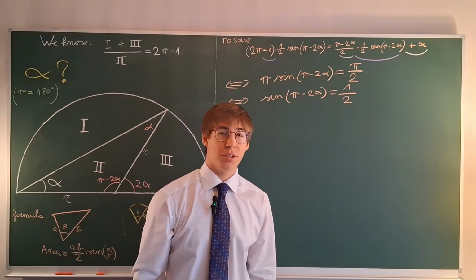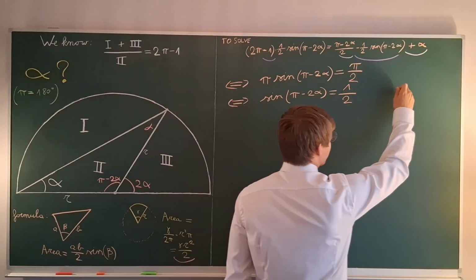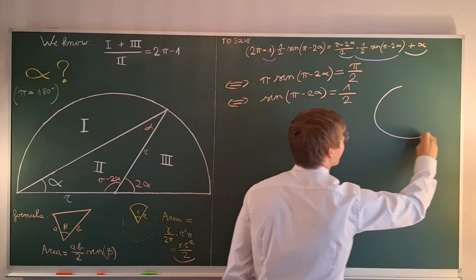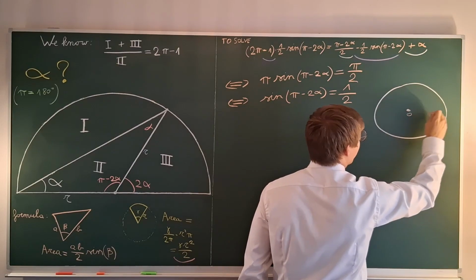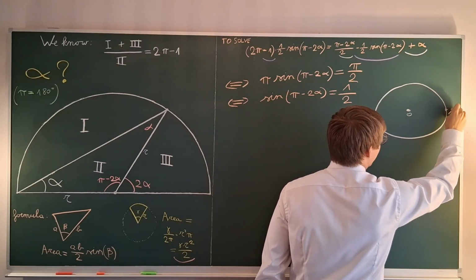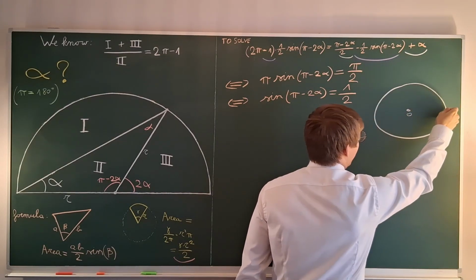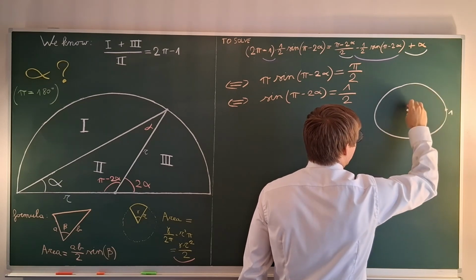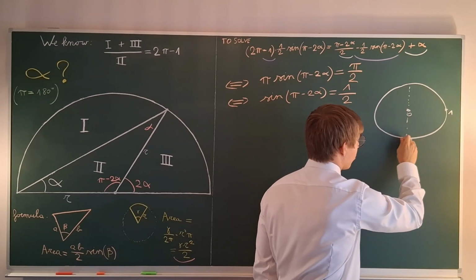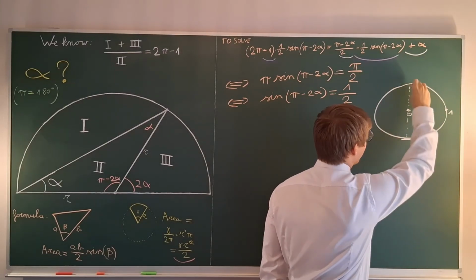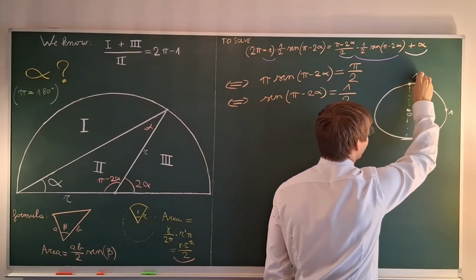And what I would recommend to do now is draw a geometric circle where this is 0 and this is 1. And we know that the sine, which is a projection on the y-axis, which is also between minus 1 and 1.